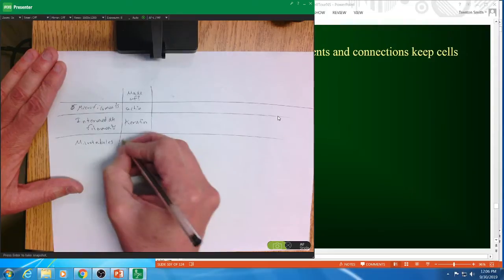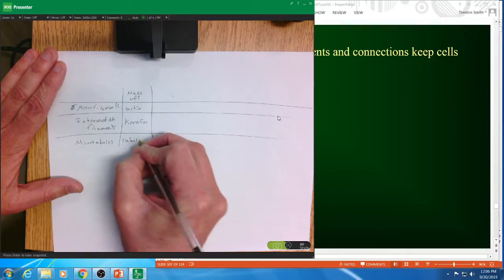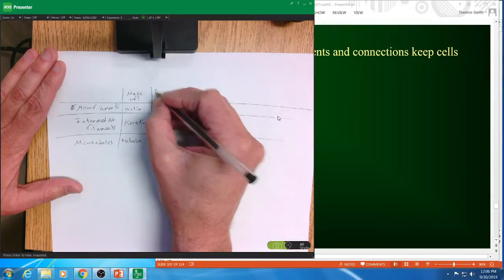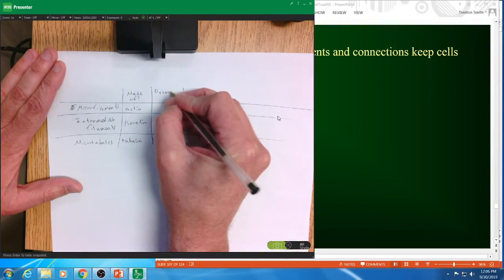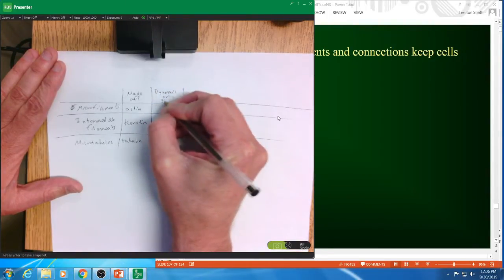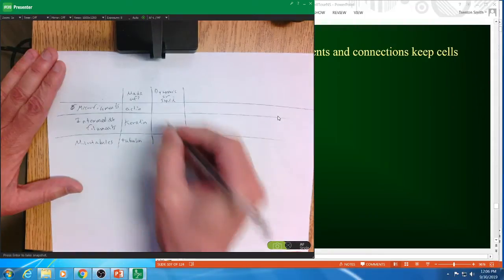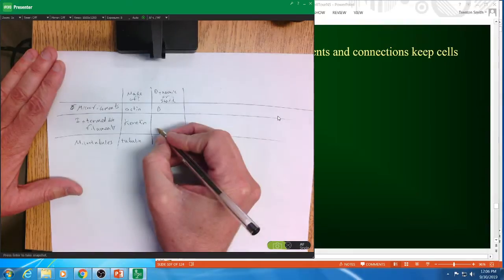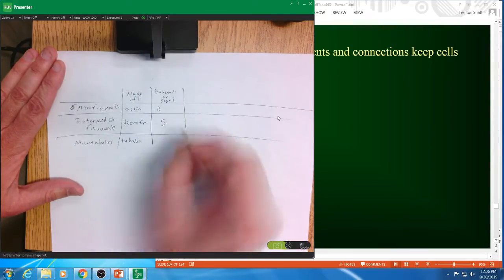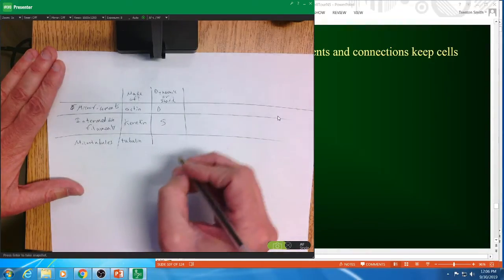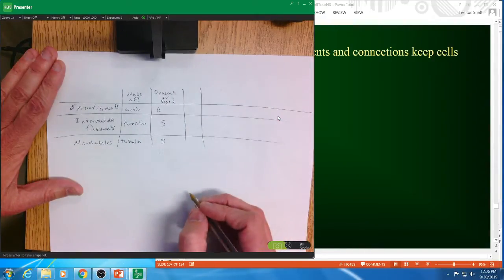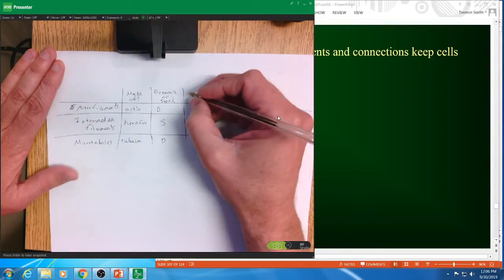Very good. Next one: dynamic or static? Microfilaments are dynamic. I'm just going to give it a D. Intermediate filaments, static. Microtubules, dynamic.